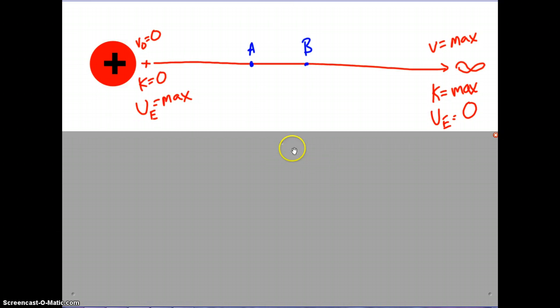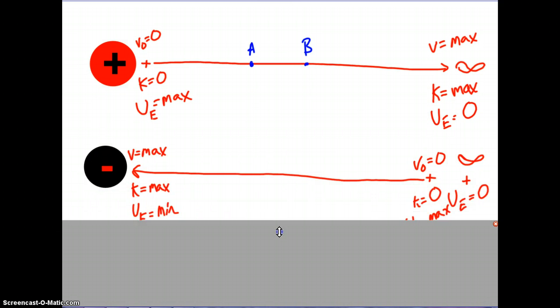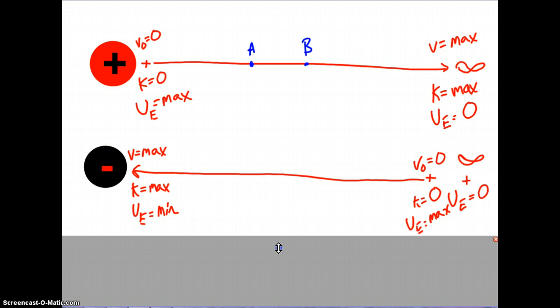Now let's look at the electric potential energies and energy relationships for a negative source charge. Well, where would we start with our test charge? We would start with it as far away as possible. Where as far away as possible?